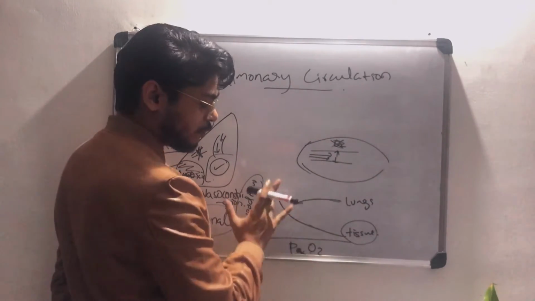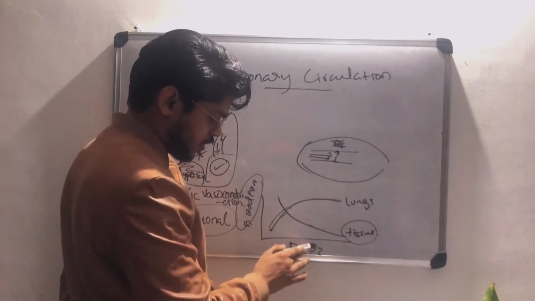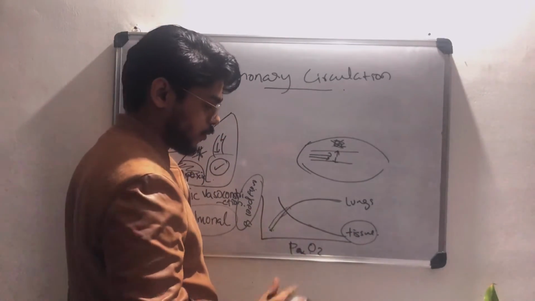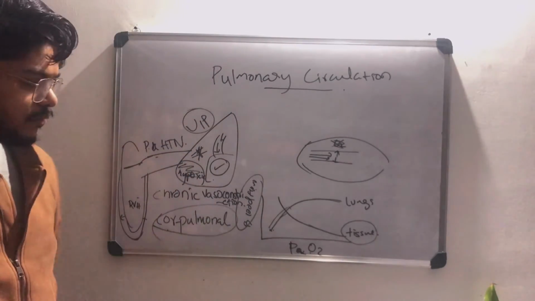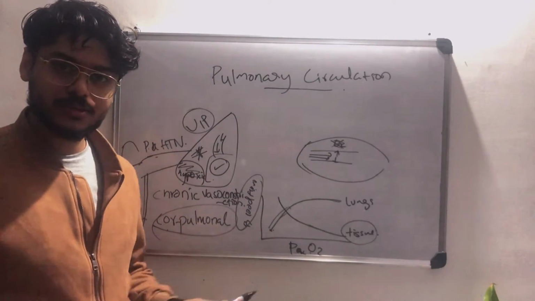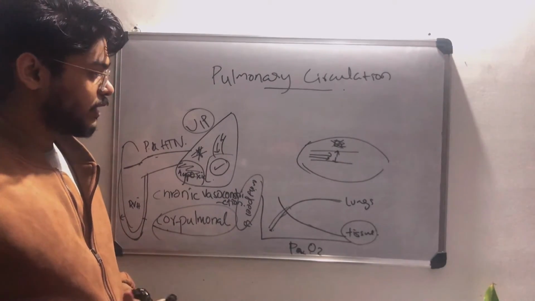And if there is enough PaO2, what do we do? We decrease the blood flow because we don't need to increase it when there is enough PaO2. Understood? So that's very easy to understand. Now we'll be dealing with the diffusion.